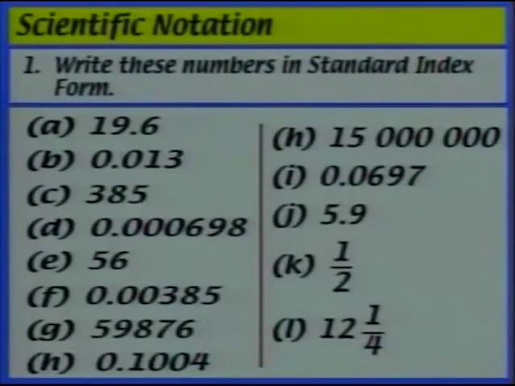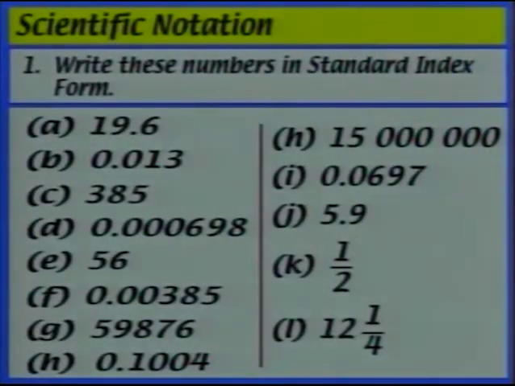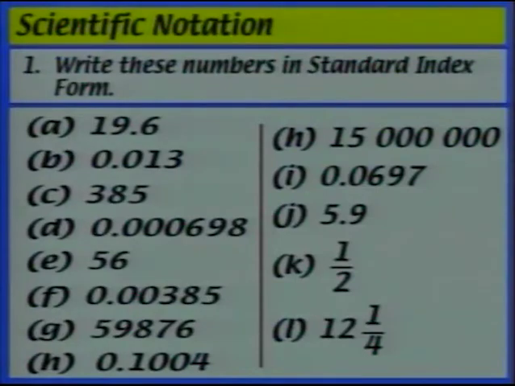Good. G, Dan. 5.9876 times 10 to the power of 4. Good. Chutaili, I. 6.97 times 10 to the power of negative 2. Letter K. Hekoi. 5.0 times 10 to the power of negative 1. Okay, good.